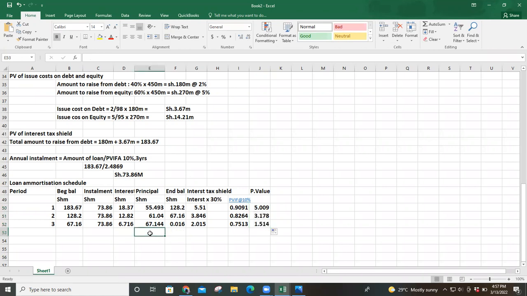And now our present value of interest tax shield is the total of these.